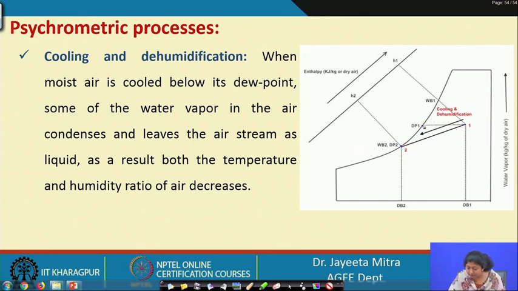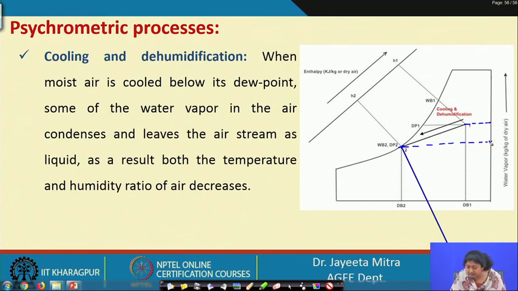First it will come to the dew point DP1, but since it reaches 100% saturation, some moisture will be condensed and removed. Then we can calculate with the remaining moisture.